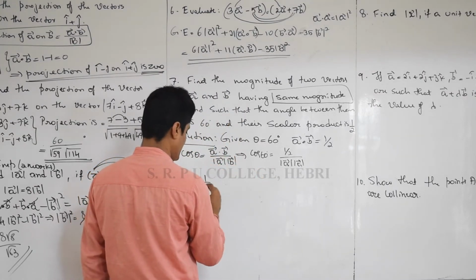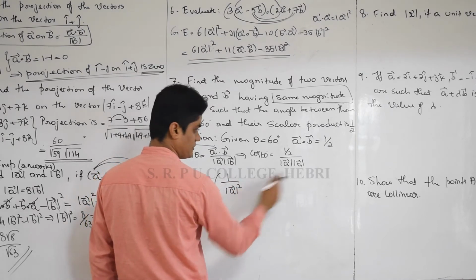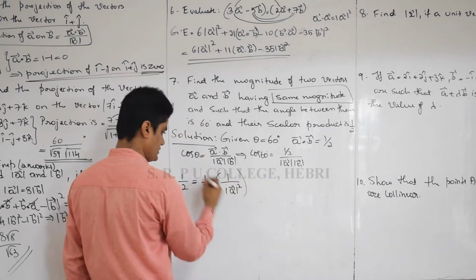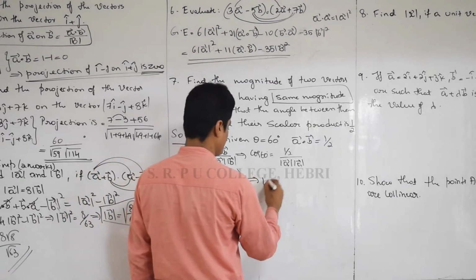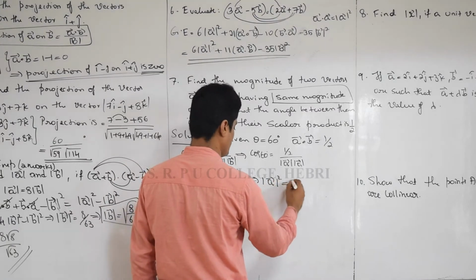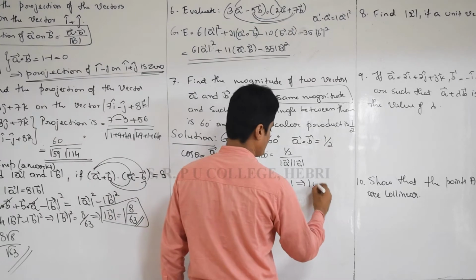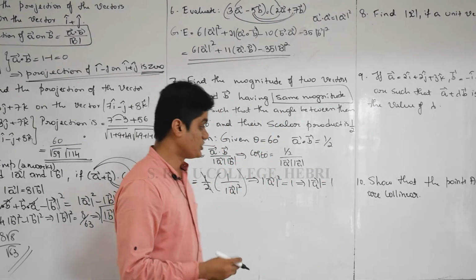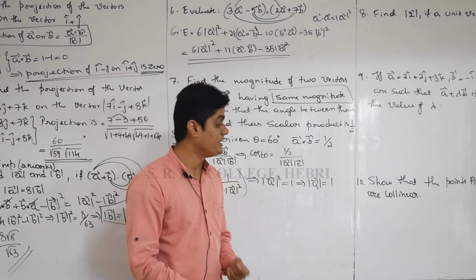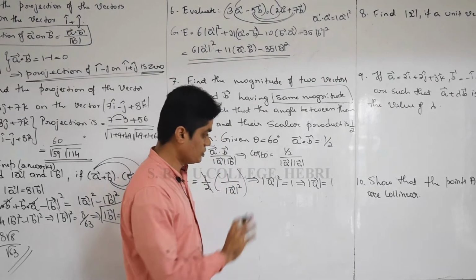You will get one more half here, then 1 by magnitude of vector A square when you multiply. So this half cancels because they are on two different sides. So this implies magnitude of vector A square is equal to 1. Cross multiplying gives this. So this implies magnitude of vector A is equal to 1. It cannot be plus or minus, because magnitude cannot be negative, since it is a length. So it should be only 1.